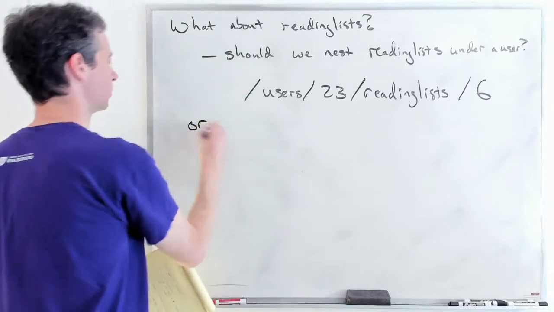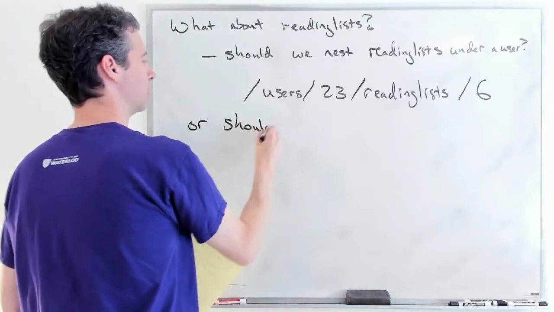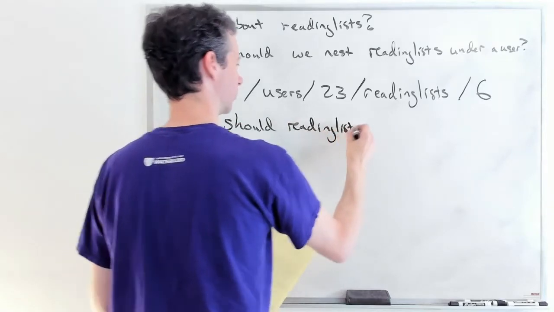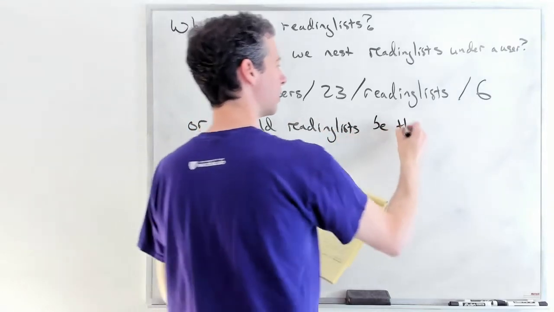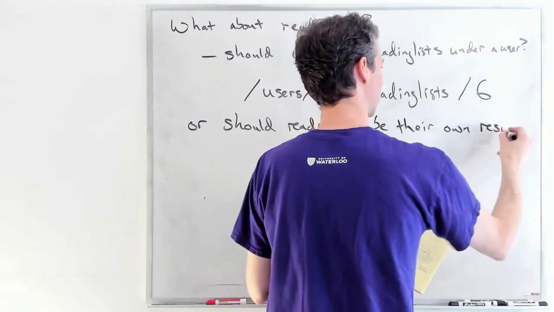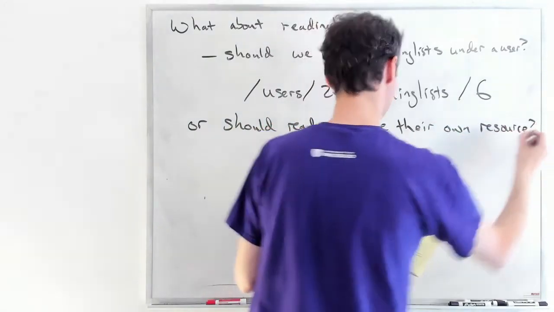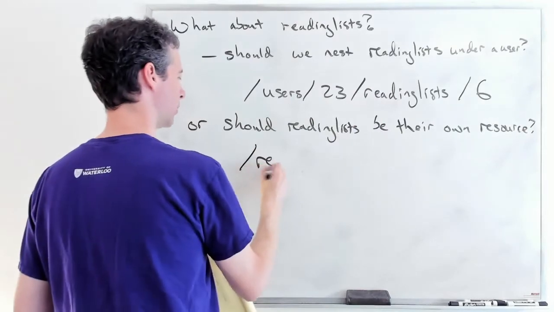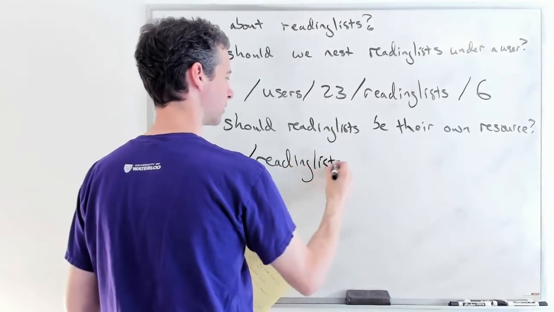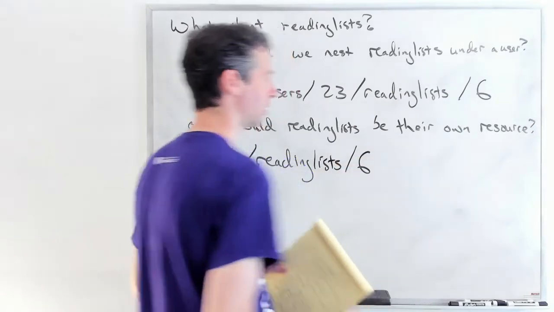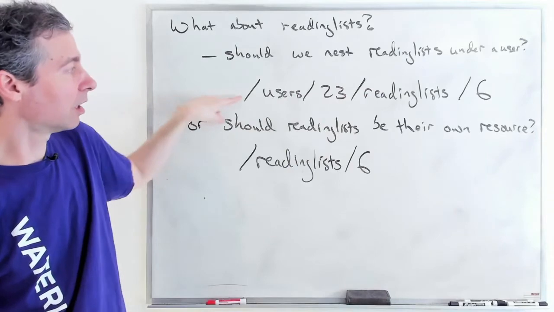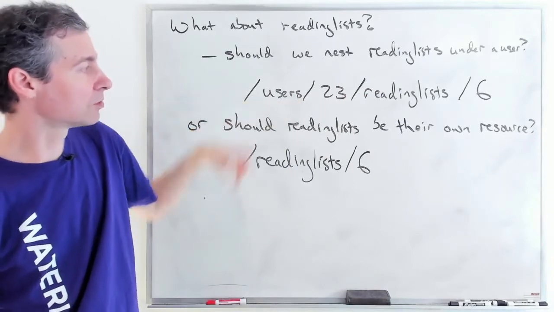Or should reading lists be their own resource? In other words, not nested under anything. So just simply, we'd get to that same reading list, but it would just be reading lists/6. And we wouldn't stick it in our API underneath users.